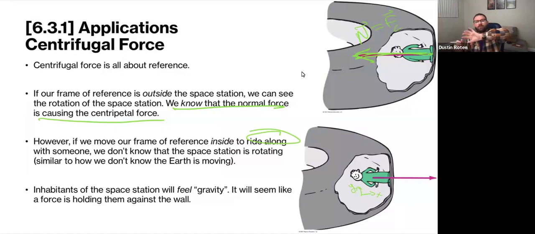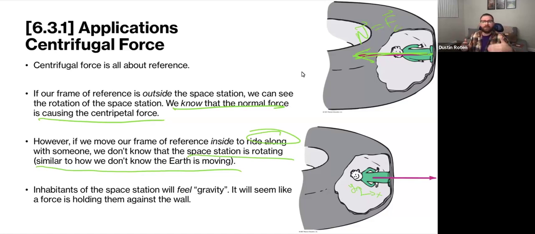So if we are moving with the circular space station, then we don't know that the space station is rotating. It's just like how we're on the Earth rotating. So our frame of reference is rotating, but we don't feel the Earth move. We don't really have anything other than the stars at night to know that the Earth is moving. So really for us, even though we're in a rotating system, we don't really notice it in our day-to-day lives.